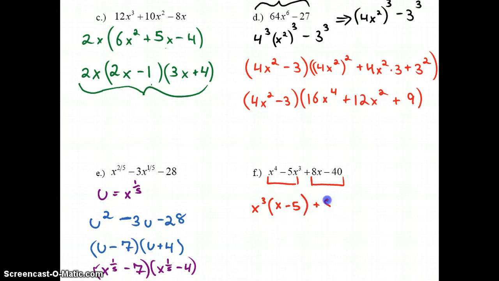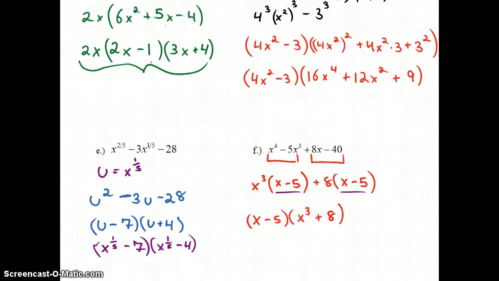And I can pull out an 8 from the last 2 terms, and I have x minus 5. Oh look, I've got x minus 5 on both of these. What that means is I can factor out an x minus 5 from everything, and I'm left with x cubed on the first one, and 8 on the second one.